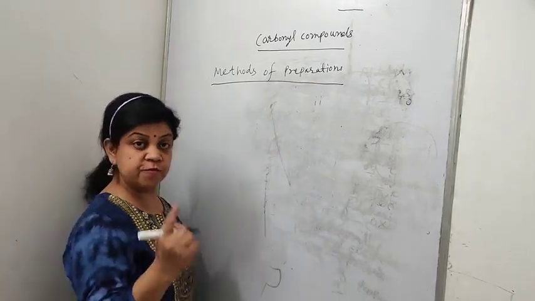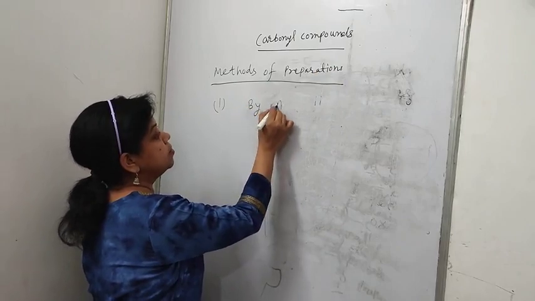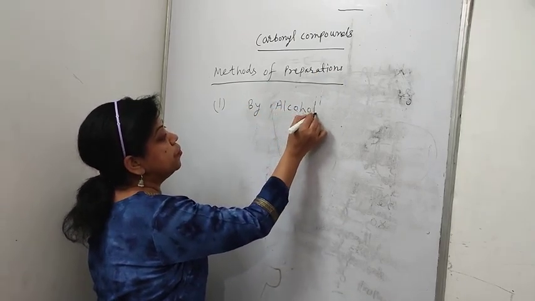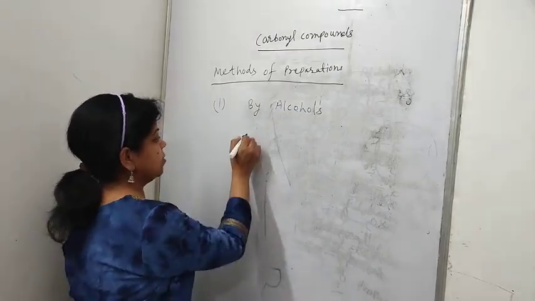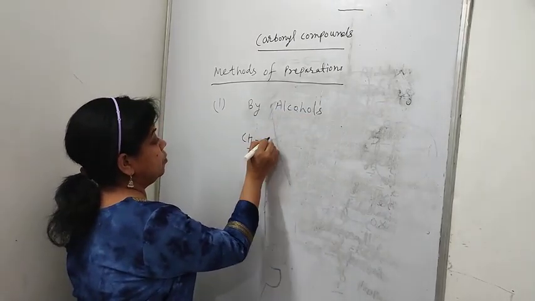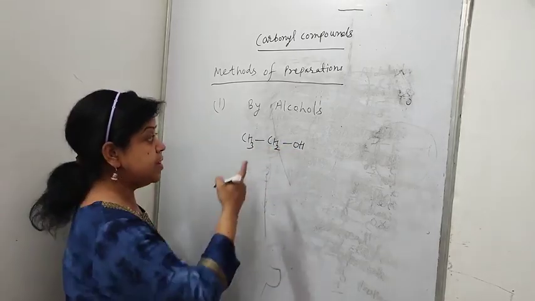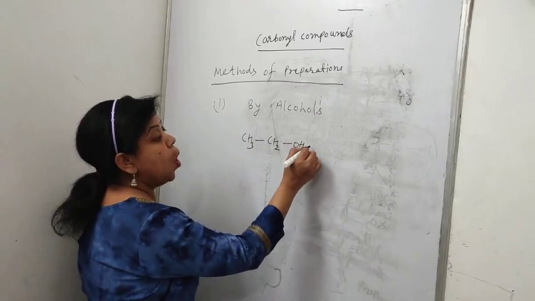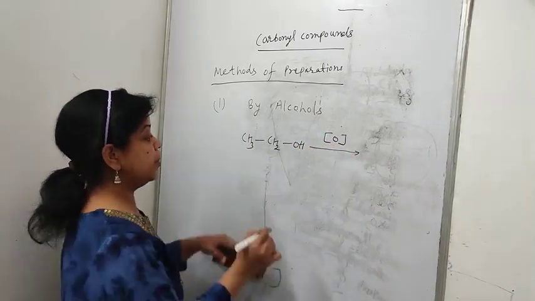Let's start with first reaction, that is by alcohols. How can we prepare our carbonyl compounds by alcohols? So from primary alcohol, how can we prepare? These can be prepared by oxidation of this primary alcohol.